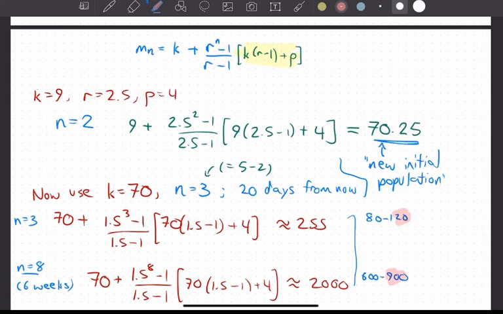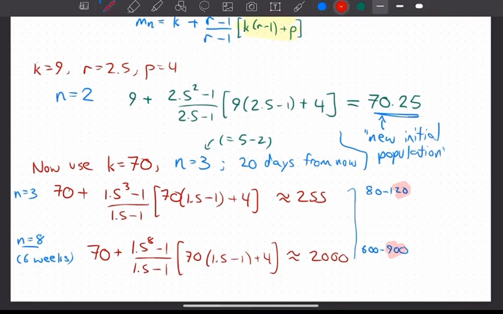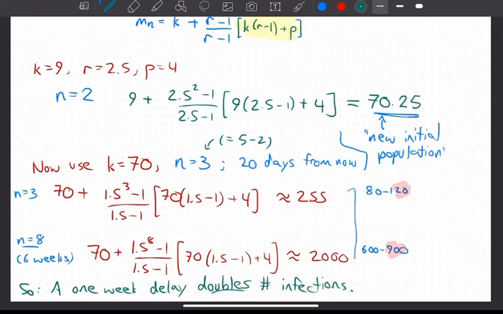Okay, so what this is saying is that a 1 week delay doubles the number of infections. Okay, so that's I think a fairly compelling case for acting sooner rather than later.